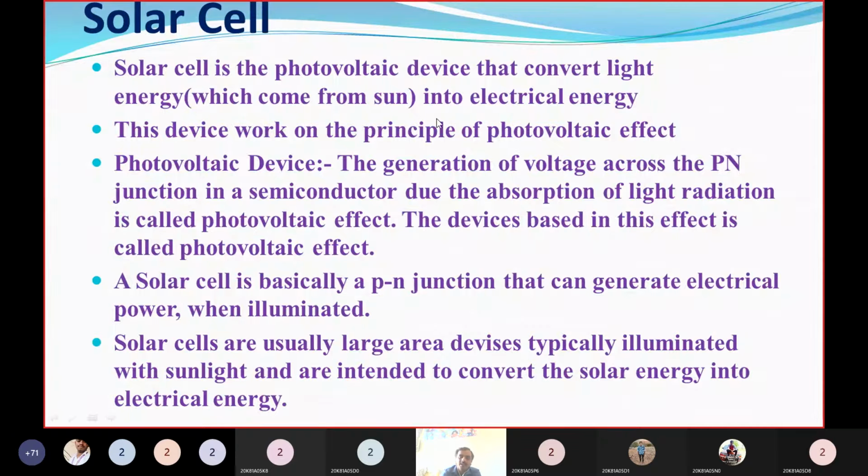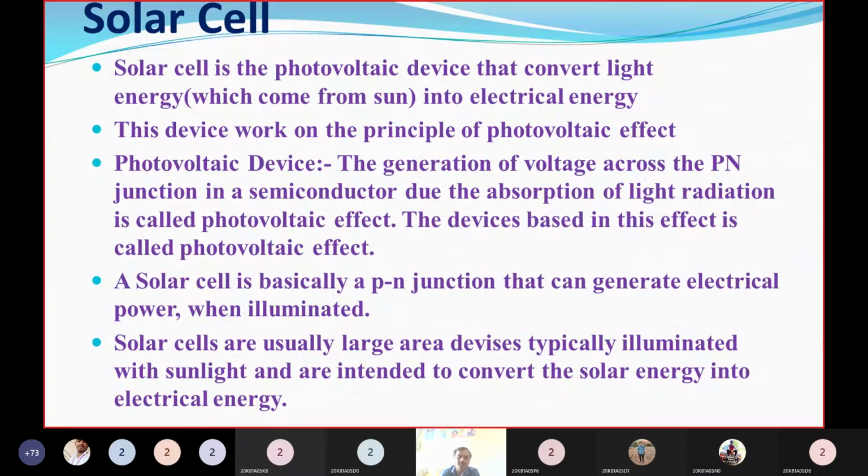This is a very important definition, photovoltaic effect. Whenever the semiconducting material absorbs the light energy, that light energy is stored in the form of voltage across the PN junction.